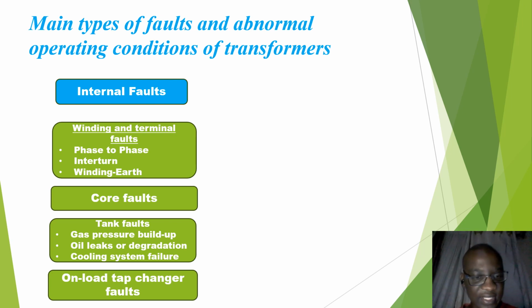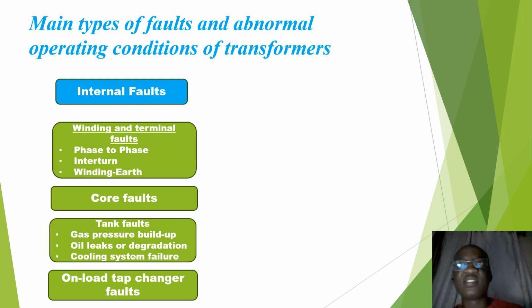And lastly, on internal faults, we have on-tap changer faults. These are faults that occur in relation to the on-tap changing mechanism of a transformer, which we use to adjust the transformer ratios when it's energized or loaded.